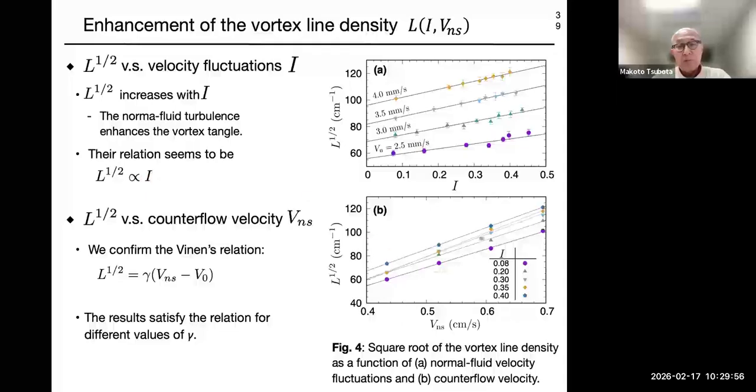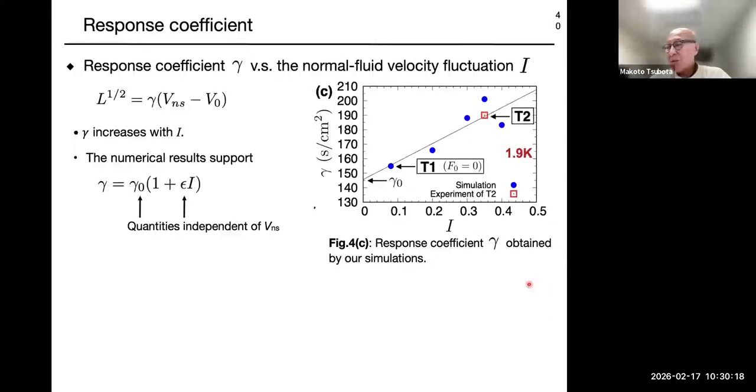And the lower figure confirms the Vinen relation, the square root of L as a function of Vns. This slope corresponds to gamma, and gamma depends on the strength of the interaction, and sorry, fluctuations. So this is the last part of my results.